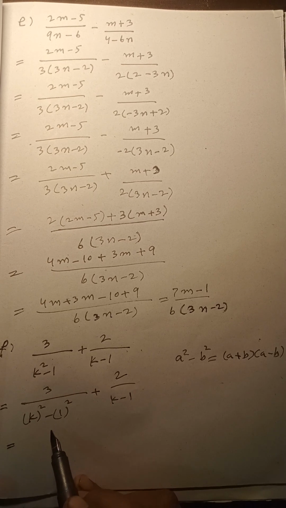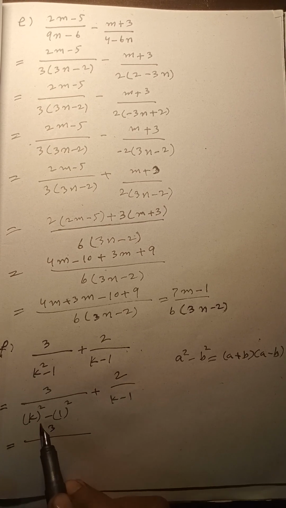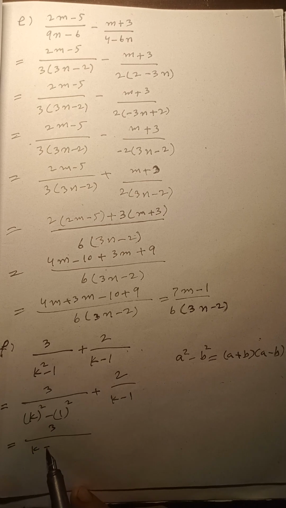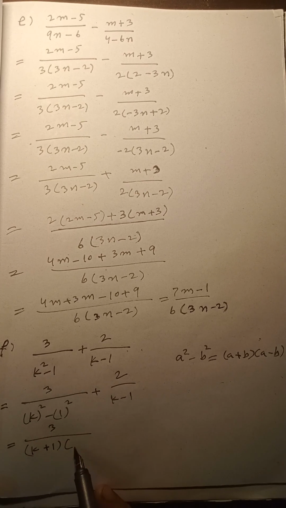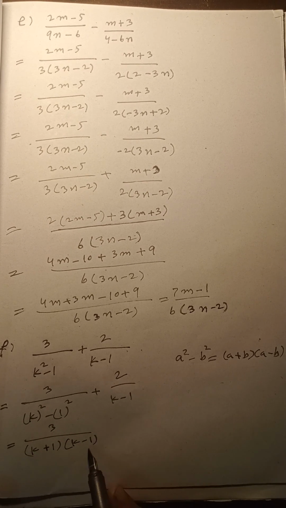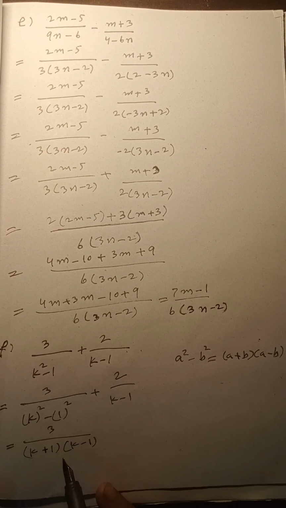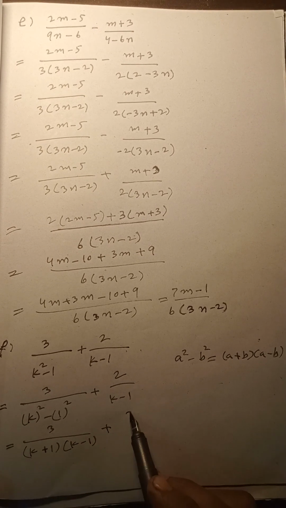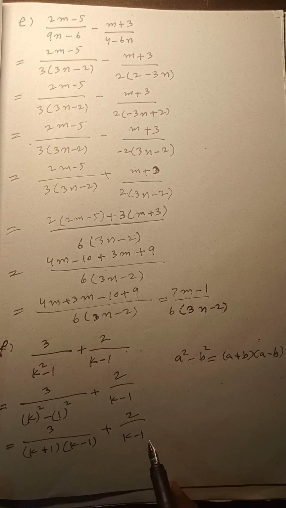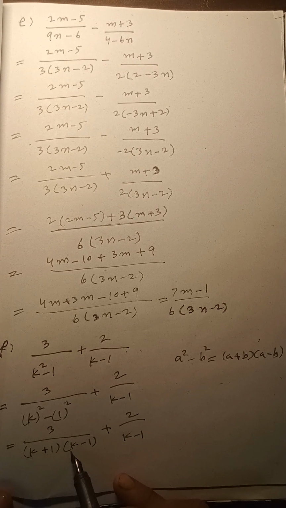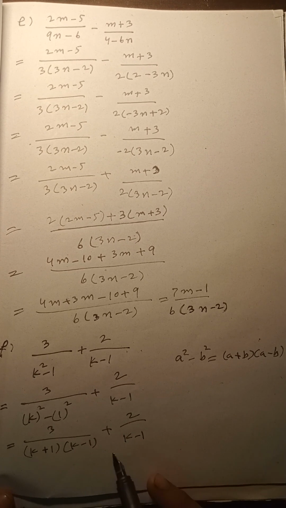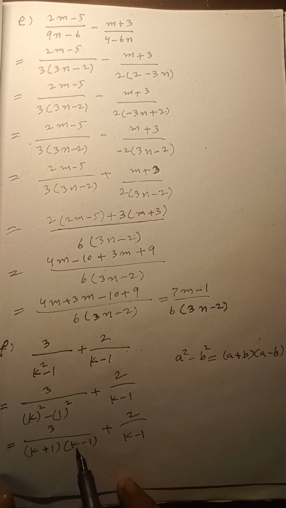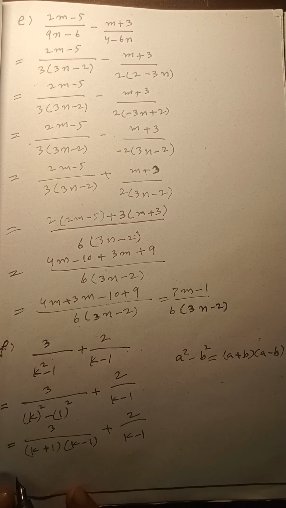Here 3 over (k+1)(k-1), a square minus b square, a plus b, a minus b, and here 2 over k minus 1. You know that it is already simplified now, and we can take k minus 1 as common.